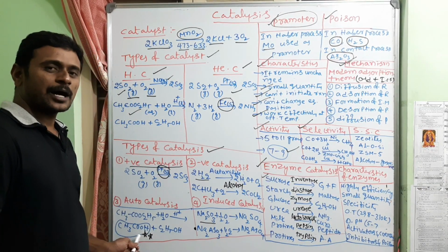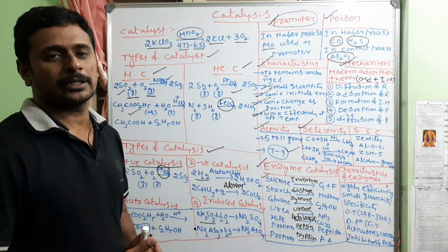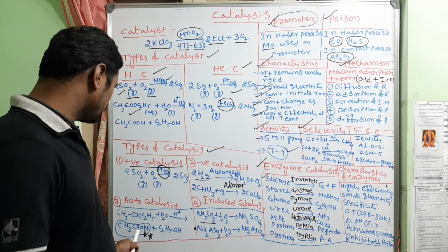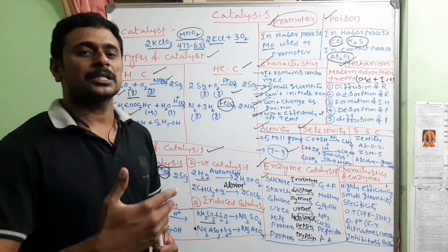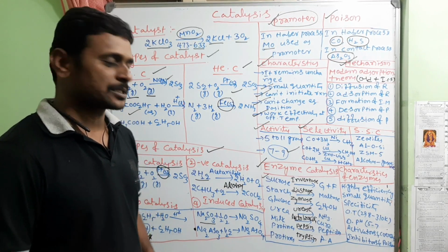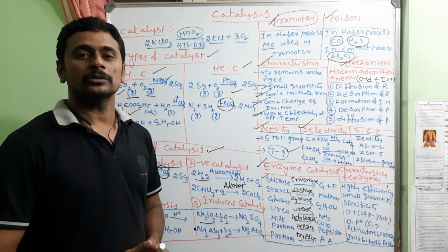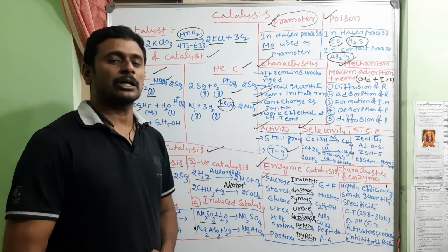The reason is that initially acetic acid is not there, but once the reaction proceeds, acetic acid forms. Once it forms, the speed of the chemical reaction increases, because the acetic acid behaves as an autocatalyst or self-catalyst.